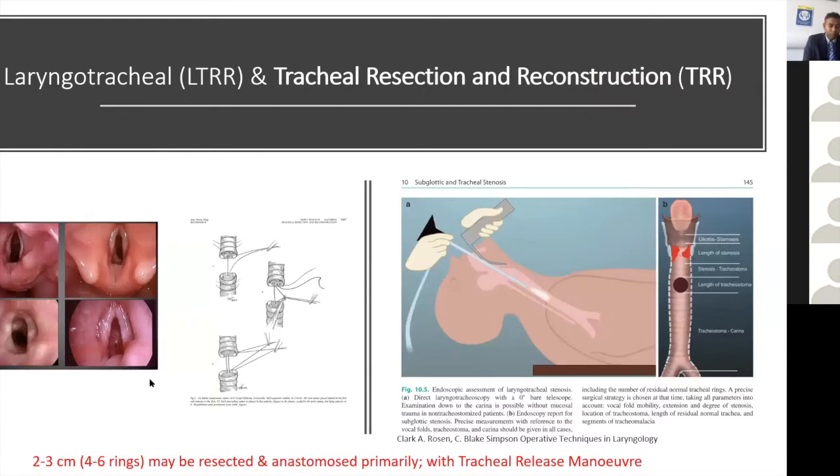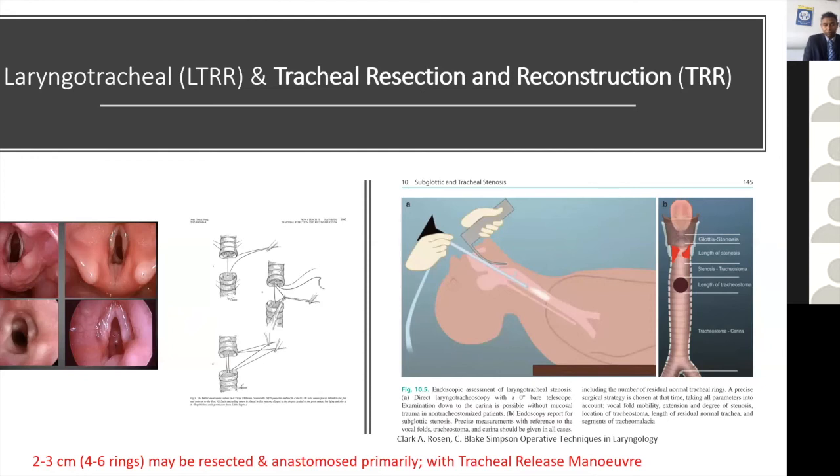Laryngotracheal resection, tracheal resection and reconstruction. Here I am just concentrating on tracheal resection and reconstruction. It's important to take into account that up to 3 centimeters, which is 4 to 6 rings, may be resected and anastomosed primarily.